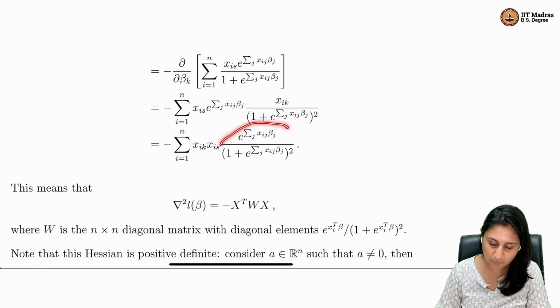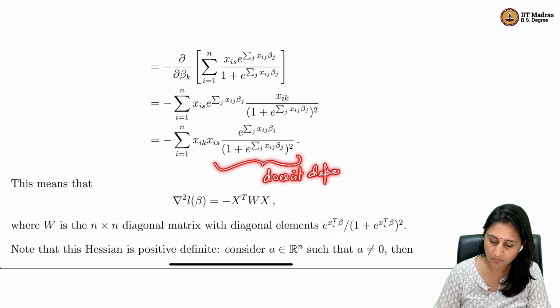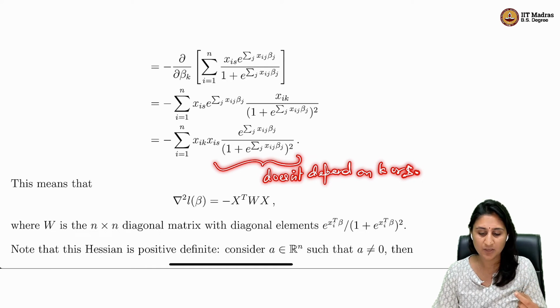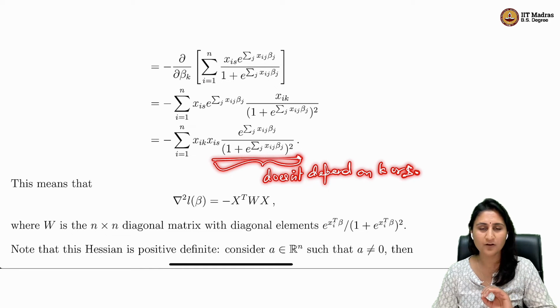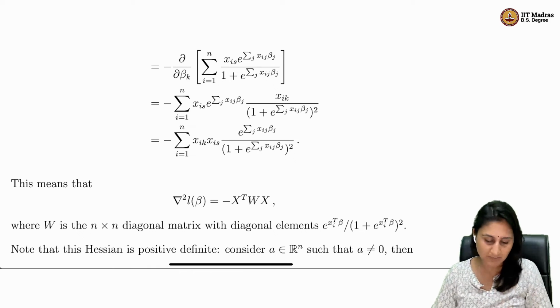And then what I notice is that this is a summation of xik and xis. Now let's ignore this part for now. Remember that this part doesn't depend on k or s, the two indices with respect to which we've taken the derivative. So it's basically the same number that's being multiplied to every element of the matrix.